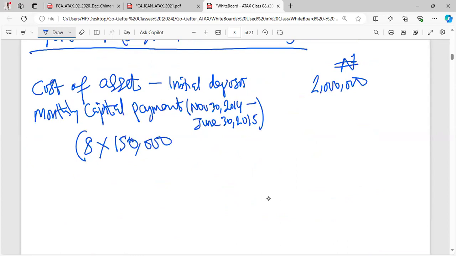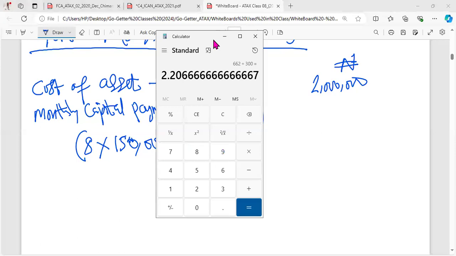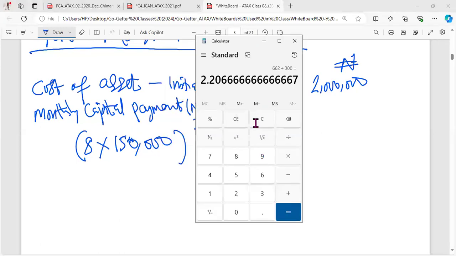So this 2 million is a capital investment or capital payment. 150 is also capital payments. So you simply go and do it this way. 8 months multiplied by 150, that will give me 1.2.